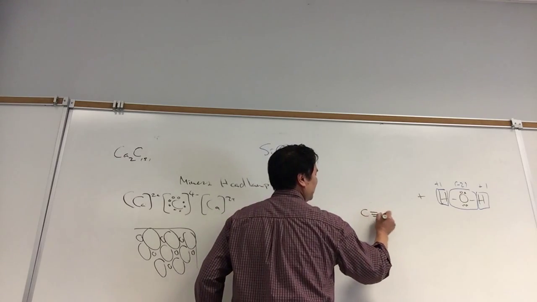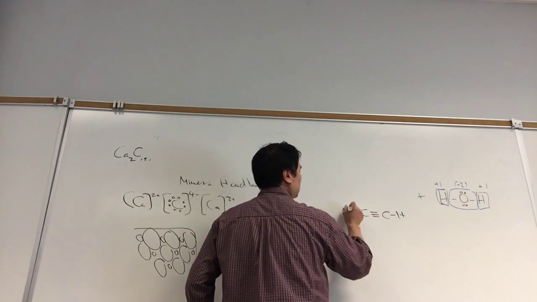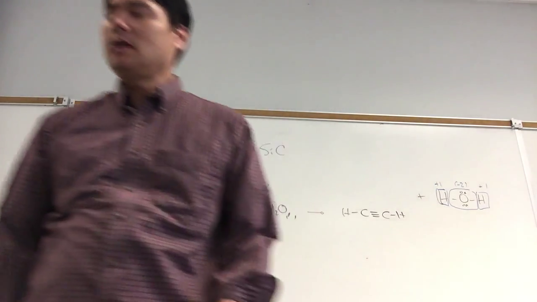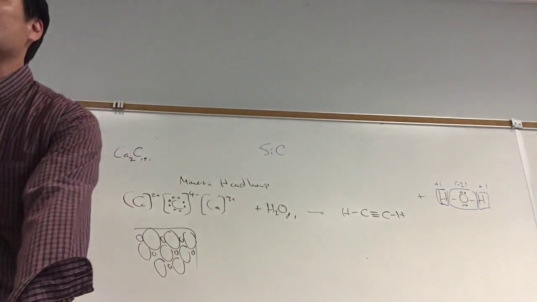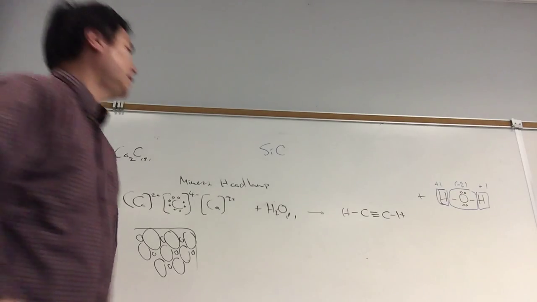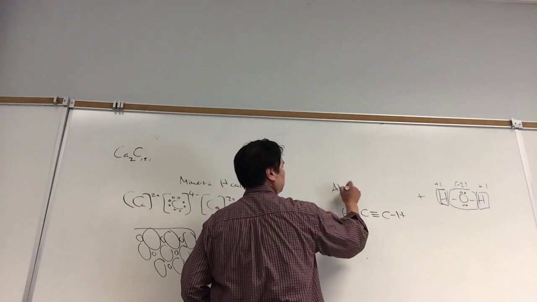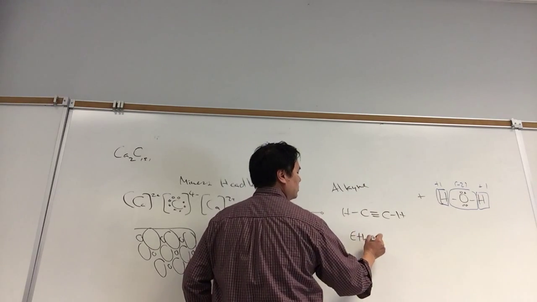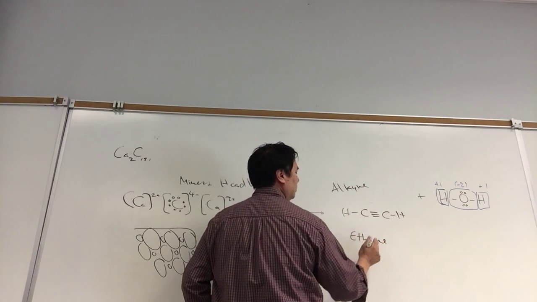Acetylene gas looks like this. This is what we call, did I talk about alkanes, alkenes, and alkynes? This is an alkyne. And the name of this is ethene. No, excuse me, not ethene, ethyne.